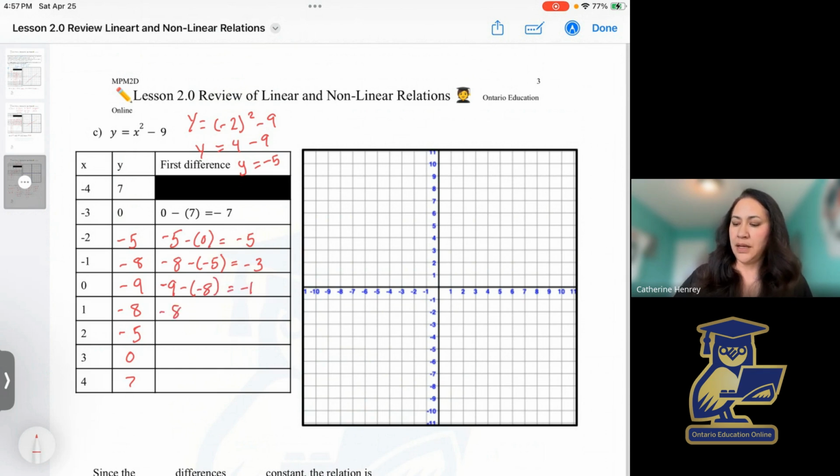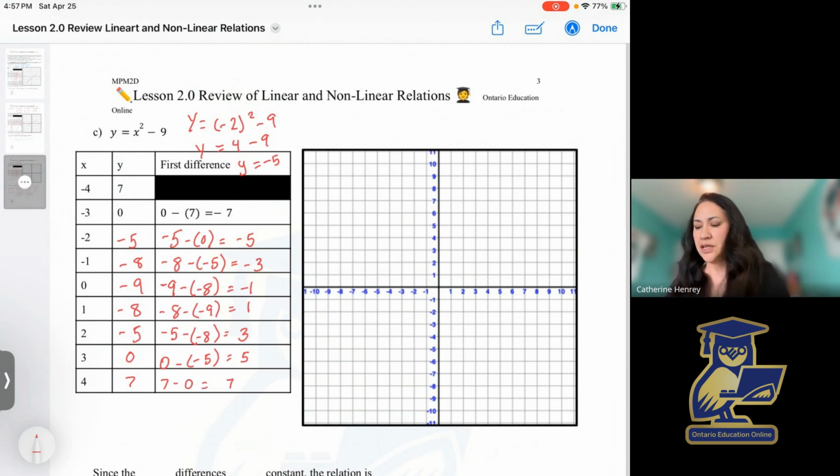Negative 8 minus negative 9 is going to give me positive 1. Negative 5 minus negative 8 is going to give me 3. 0 minus negative 5 is going to give me 5. And finally, 7 minus 0 is going to equal 7. So what do we notice here? That the first differences are not the same.